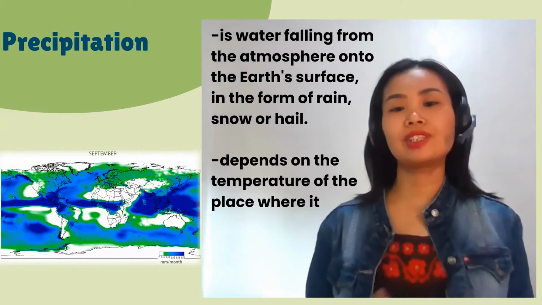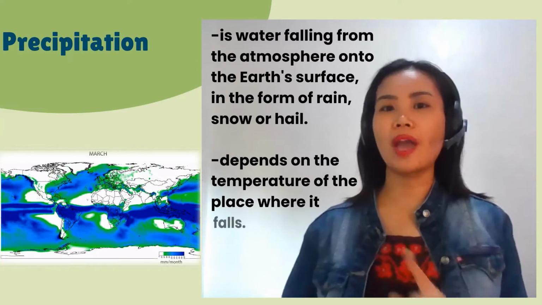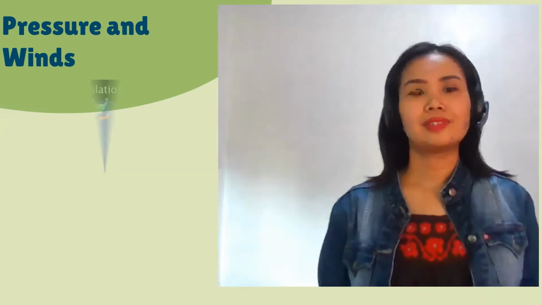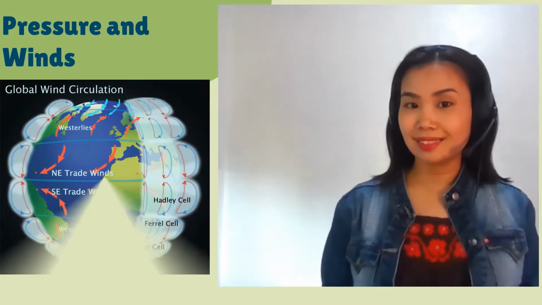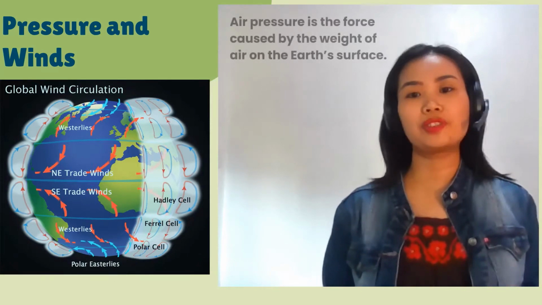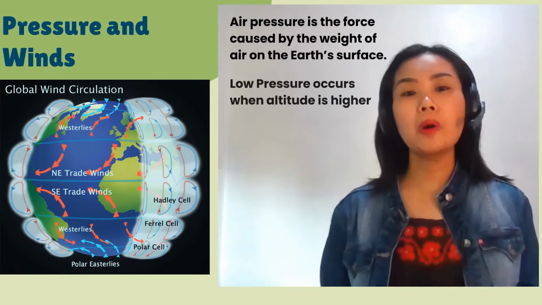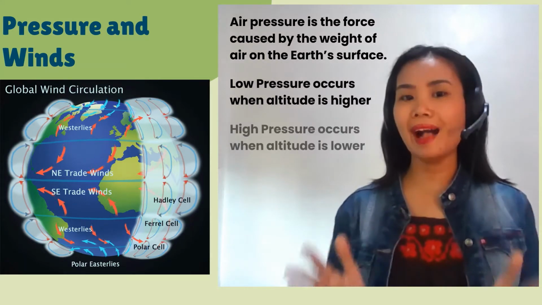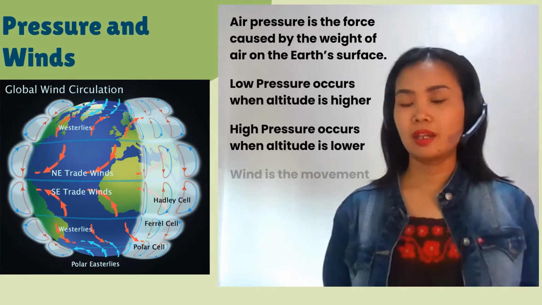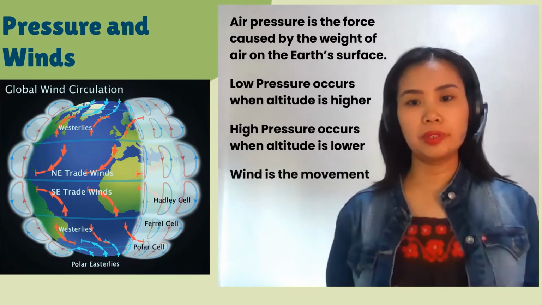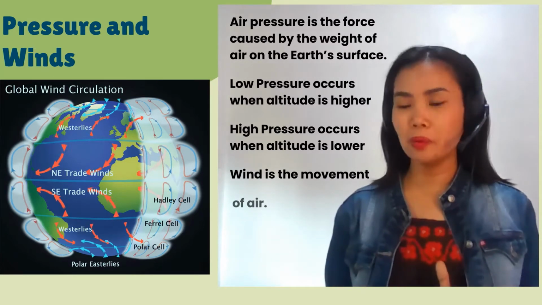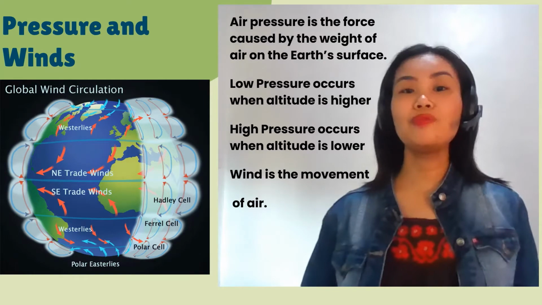It depends on the temperature of the place where it falls. Pressure and winds. Air pressure is the force caused by the weight of air on the Earth's surface. Low pressure occurs when altitude is higher. High pressure occurs when altitude is lower. Wind is the movement of air.